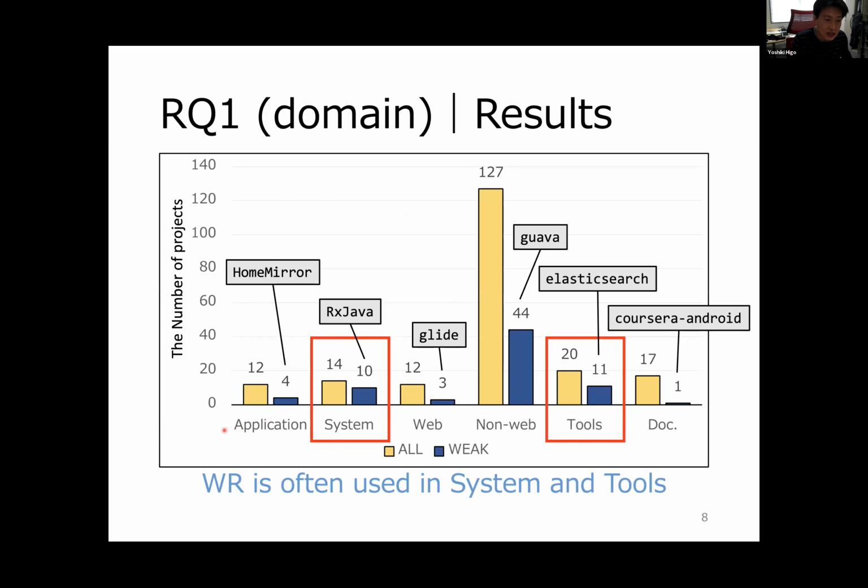These categories are created by the dataset authors. The yellow bar means the number of systems included in the domain, and the blue bar means the number of systems including weak references. By using this graph, we can see that weak reference is often used in the system domain and the tools domain.